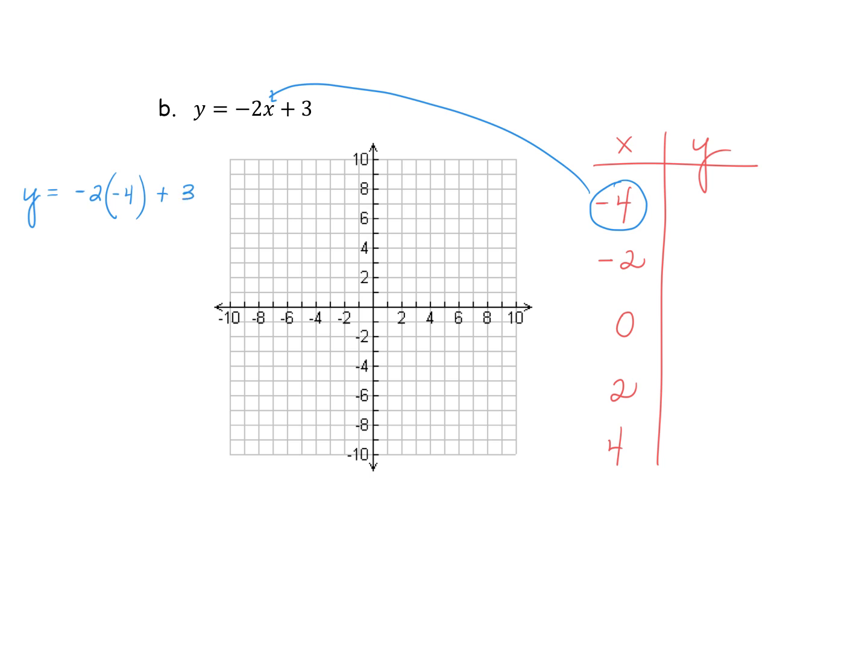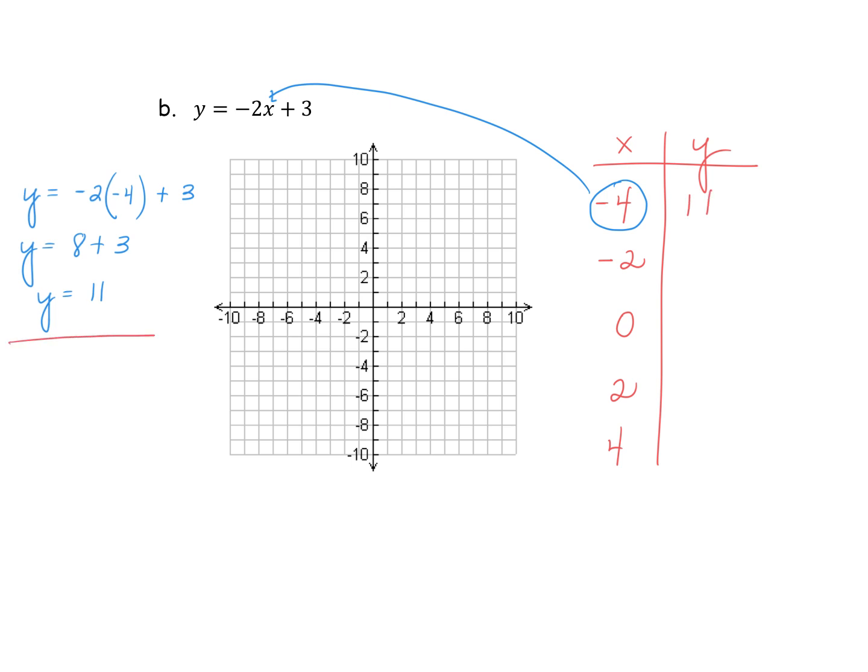I'm going to add 3. Continuing to get my y answer, -2 times -4 is going to be a +8. And then 8 plus 3, you're going to get 11. So I go back to your data table and I put the answer of 11 in there.